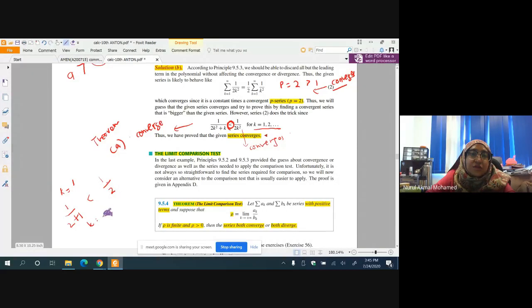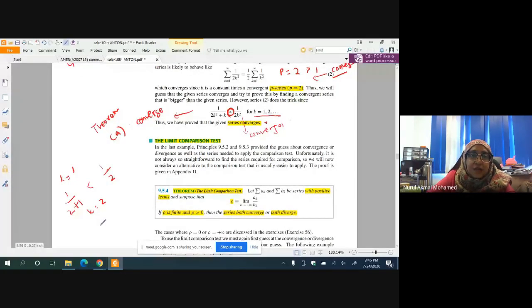What about k equal to 2? So if k equal to 2, then you will have what? 1 over 8 plus 2. Is it less than or equal to 1 over 8? 1 over 10, is it less than or greater than 1 over 8? It is less than. So this is how you determine the sign.